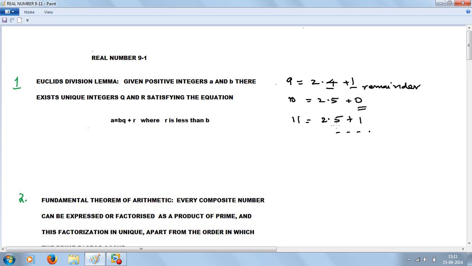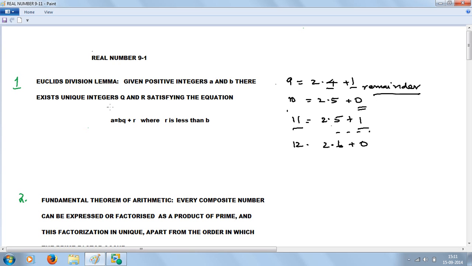If it is 10, the remainder is 0. If it is 11, the remainder is 1. If you take 12, it is 2 multiplied by 6 plus 0.